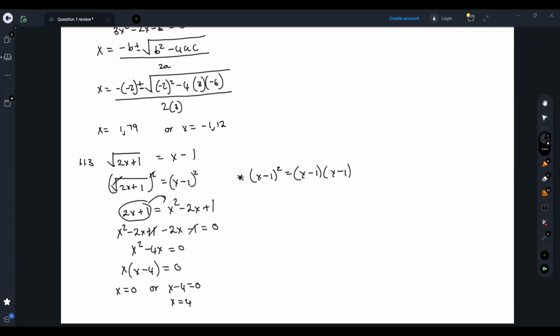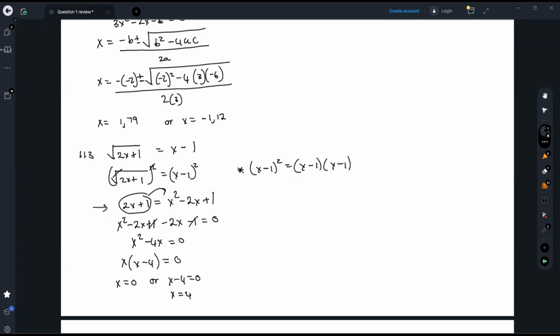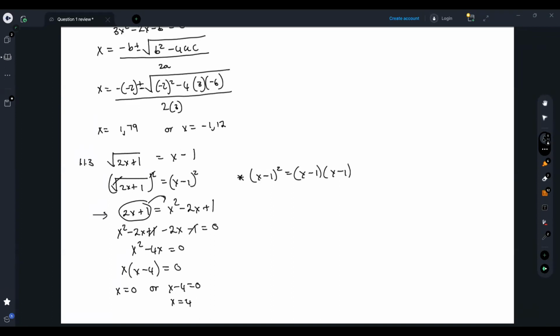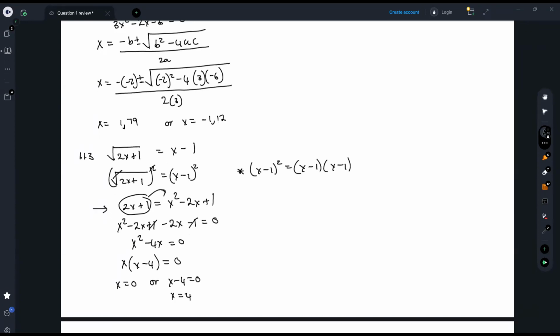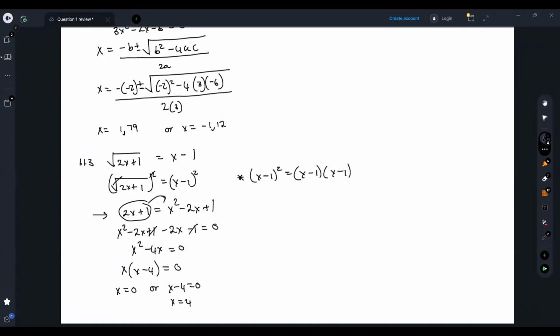Remember that x equals 0 and x equals 4 are not necessarily solutions for the equation up here. They are solutions of the modified equation. Remember that we squared both sides at some point. So we need to test which one of the two is going to be a solution here.